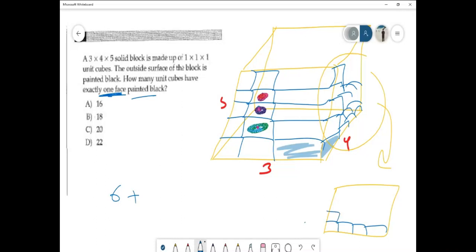Let me draw it here. This face is magnified to this one. 1, 2, 3, and 4. 1, 2, 3, 4, and 5. Sir, the height will be 5 or 4? 5.